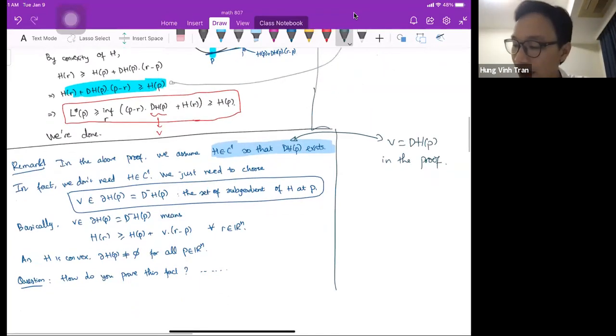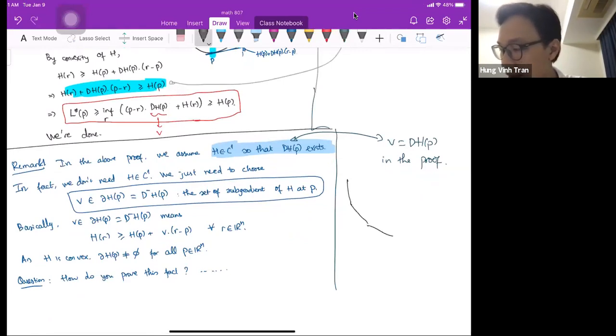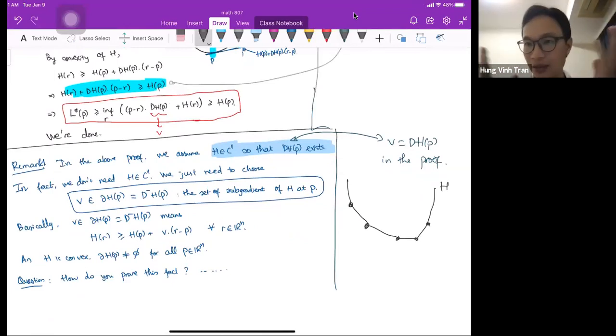Now, what if we don't have H in C1? Many times we have seen, and last time we already discussed, that H might well have corners like that. So H might not be differentiable, if this is a 1D picture. In multi-D, the graphs of H and the points of non-differentiability can be very complicated. So if it's not differentiable, then what should we do?